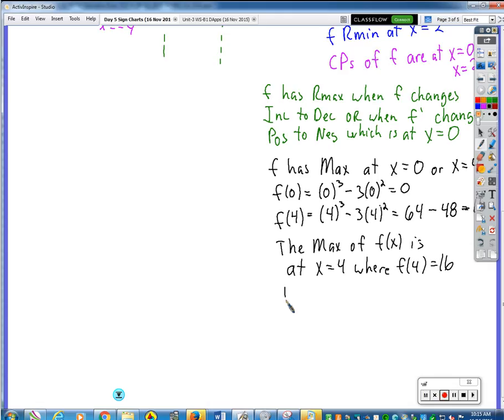Either way, you say the max of f is 4, 16. You're allowed to even say the x. Either way is fine. What they usually ask is they'll either ask where does the max occur, or they'll ask what is the max. Where means the x coordinate, what means the y coordinate.